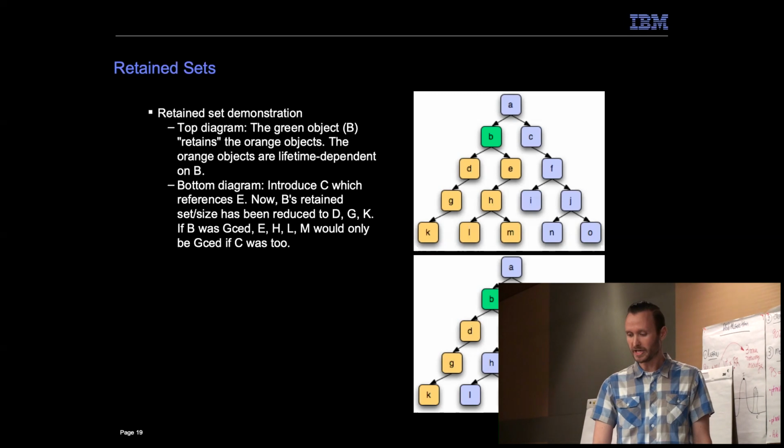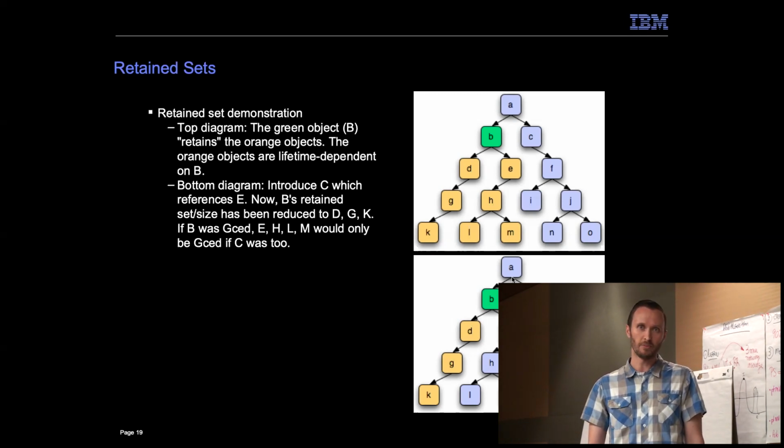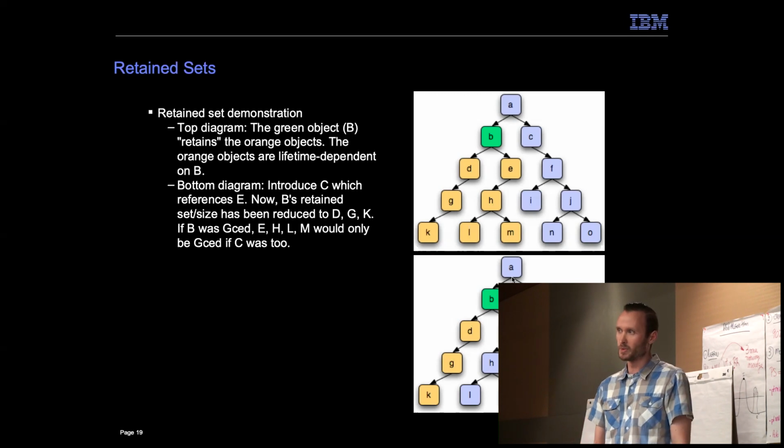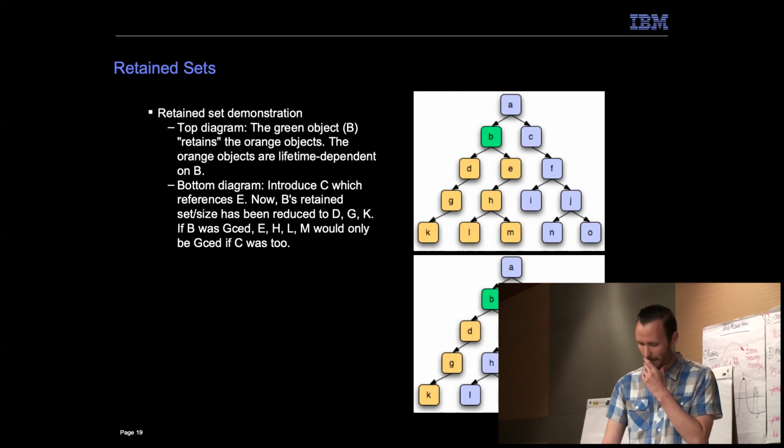No, it's not. E is in the retained heap of A, because only if A was garbage collected would E have to have been garbage collected. The other two may have been garbage collected without the other one, B or C. Any questions on that? Because this is a pretty important but subtle concept. Okay.